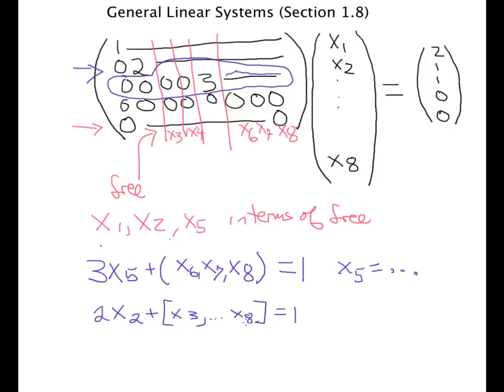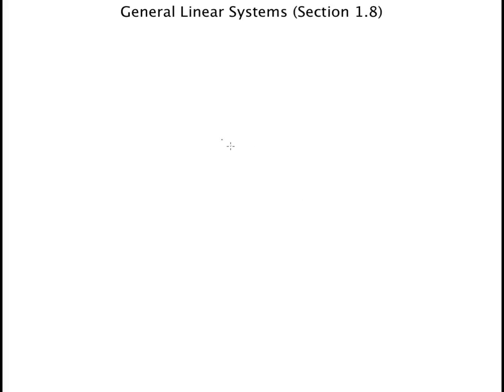And x6, x7, and x8 are free. x5 you've taken care of, and x3 and x4 are free, and you wind up with x2 is equal to something in terms of the variables x3, x4, x6, x7, and x8, and so on. So that's just an overview of the reason that row echelon form makes an equation very easy to solve. Okay, that brings us to a couple of important definitions in the theory.